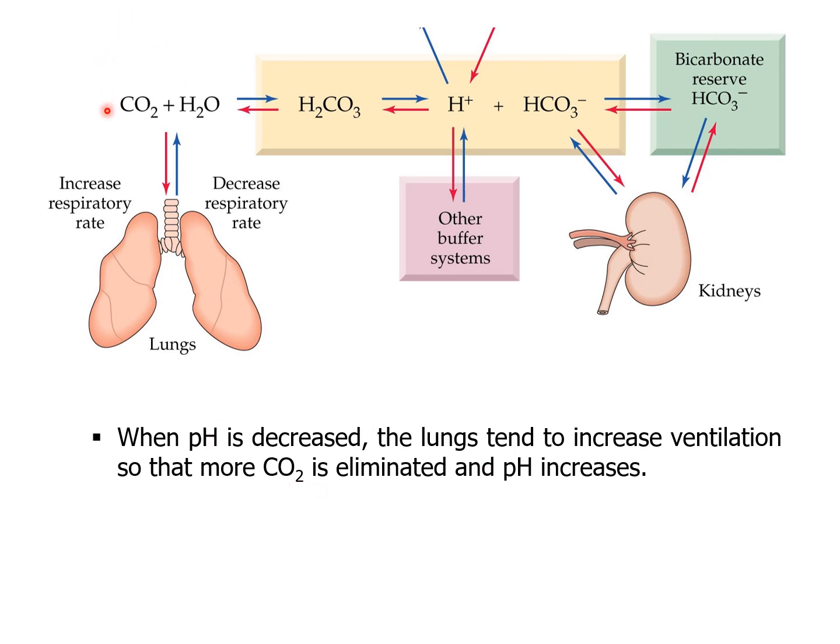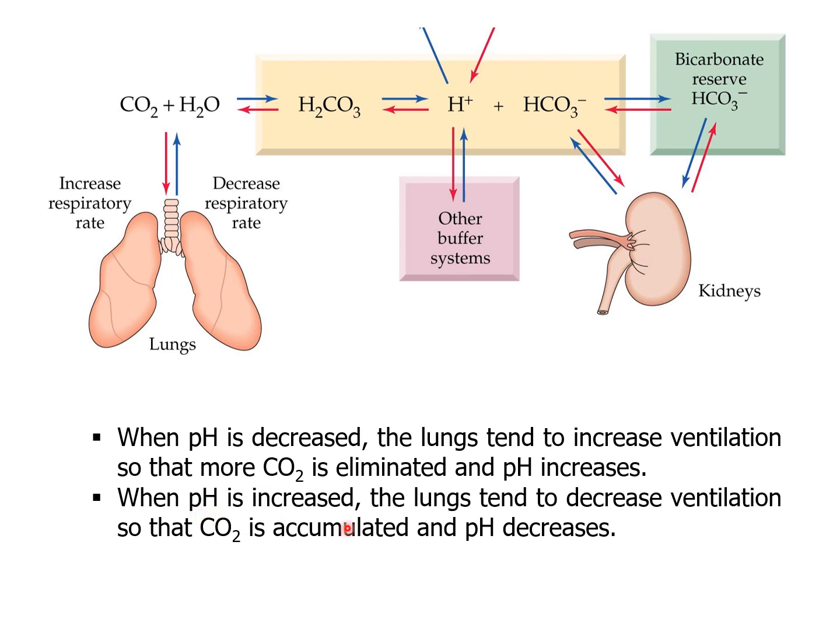As we have discussed earlier, carbon dioxide is considered to be acidic. So when there is acidosis, there is a need to eliminate that carbon dioxide, which can be achieved via hyperventilation, or increase in ventilation, in order to exhale the excess carbon dioxide. In this way, when the carbon dioxide is eliminated, the pH will tend to increase and go back to normal pH.